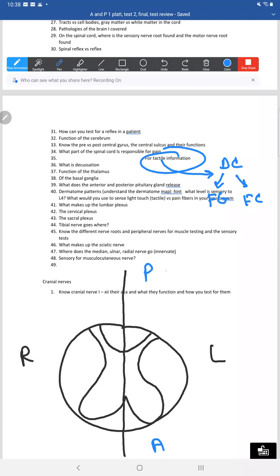So posterior is also known as dorsal. So that would be in this area. Now I'm going to shade these just to make them stand out better.